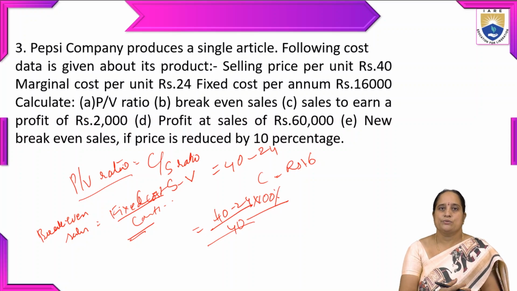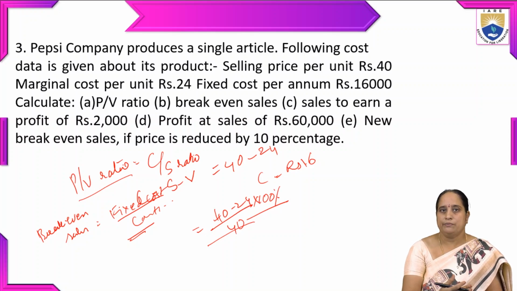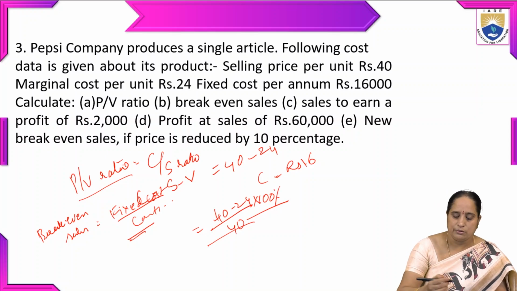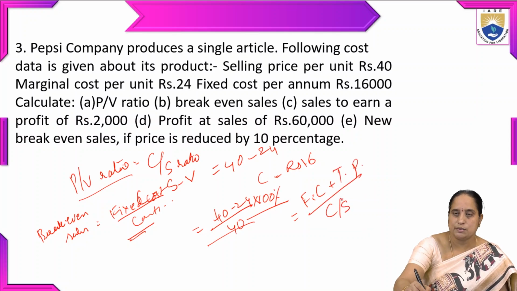So next, sales to earn a profit of 2000. We have to find out how many units the company has to produce to derive a profit of rupees 2000. So the formula is fixed cost plus target profit divided by contribution per unit.